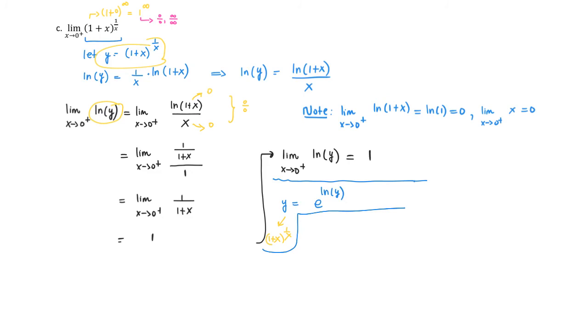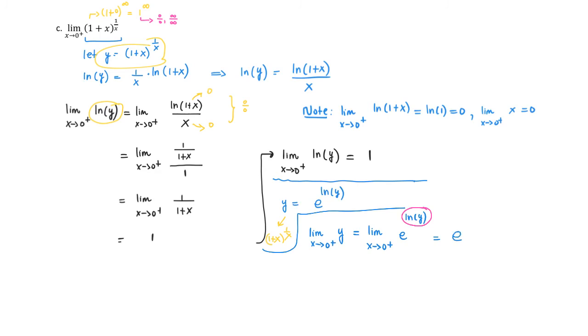I am going to have now that the limit as x approaches 0 from the right of y, my expression, is equal to the limit as x approaches 0 from the right of e to the natural logarithm of y. Now, the variable has switched to the exponent, so the limit will switch up there as well.